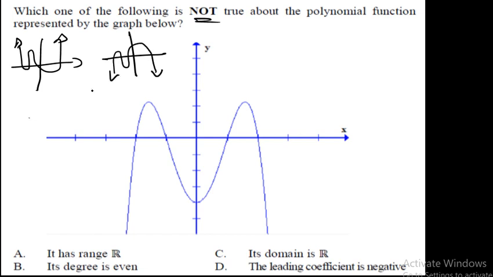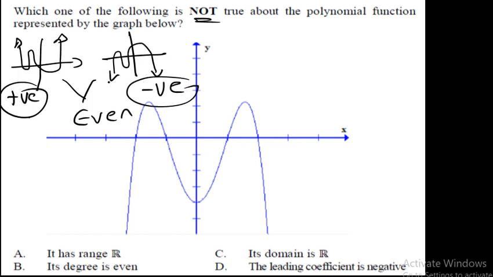Both of these are even degree: the leading coefficient positive means both sides up, the leading coefficient negative means both sides down.